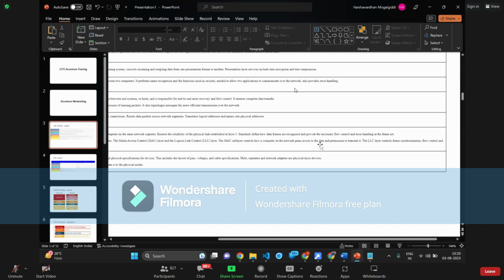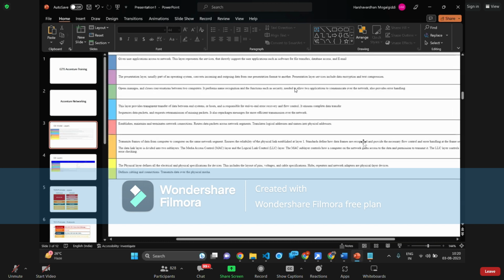Coming back to our previous example of your laptop to your mobile phone, you can't just transfer anything that you want. Say for example, if you as a user do not have that access, then it will not give you permission to send that transfer. While LLC is frame synchronization, flow control, error checking.